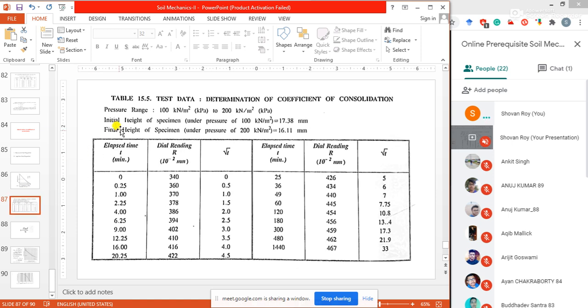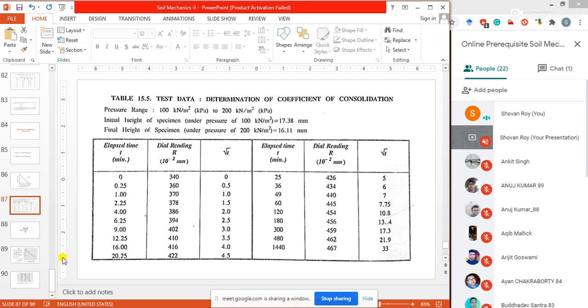First we need the pressure range. Suppose in your laboratory test there are lots of pressures. So here the pressure range is, suppose, 100 kilonewton per meter square to 200 kilonewton per meter square, or 100 kPa to 200 kPa.